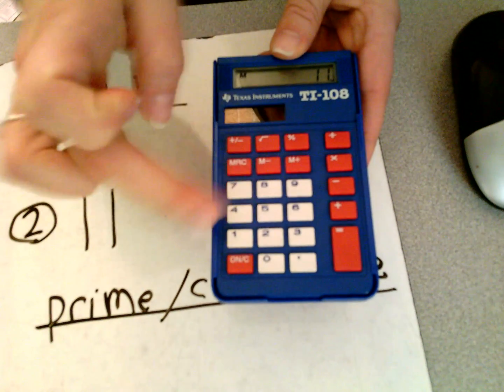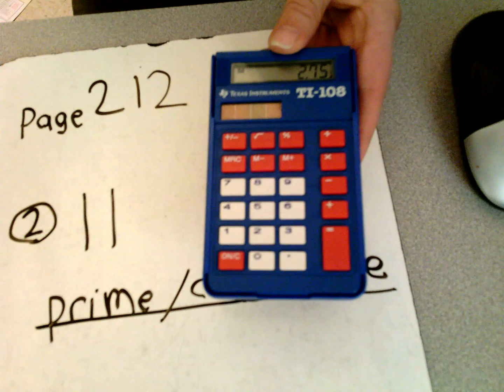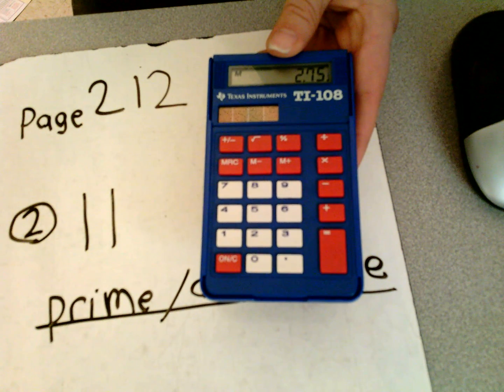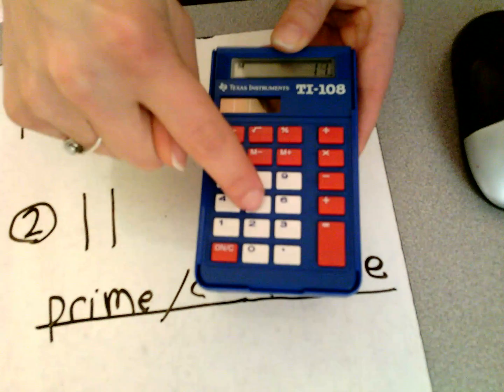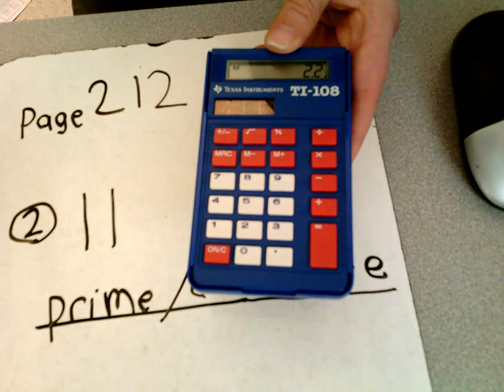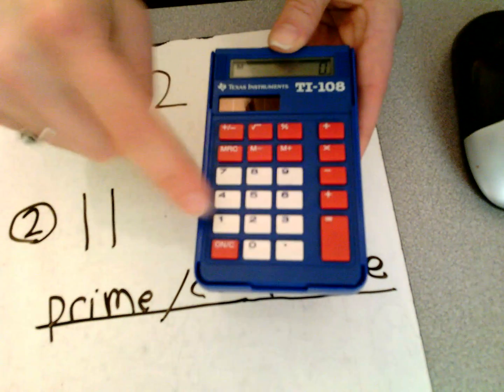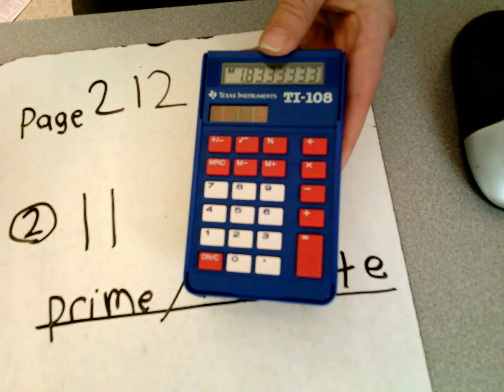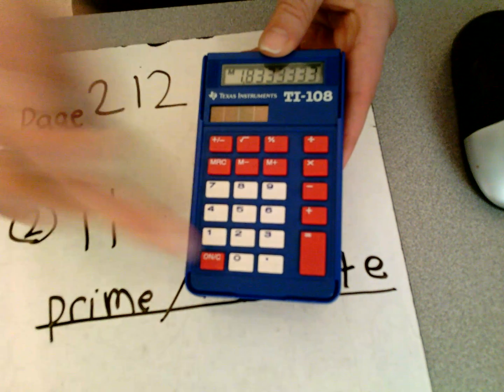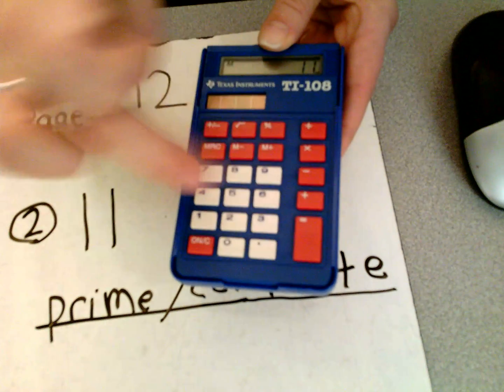11 divided by 4. Nope. 11 divided by 5. Nope, still getting a decimal. 11 divided by 6. Definitely not. 11 divided by 7.